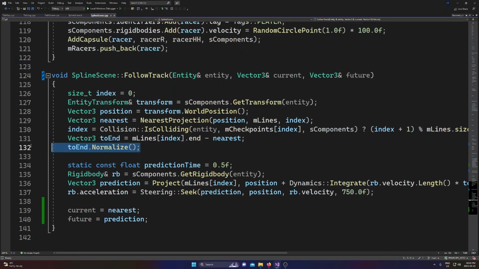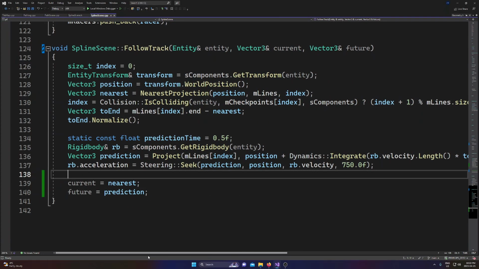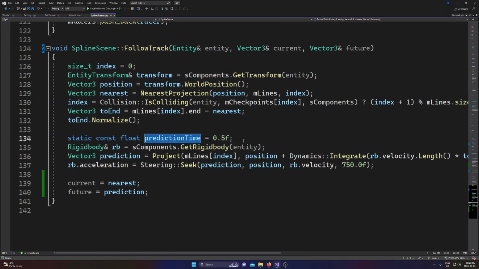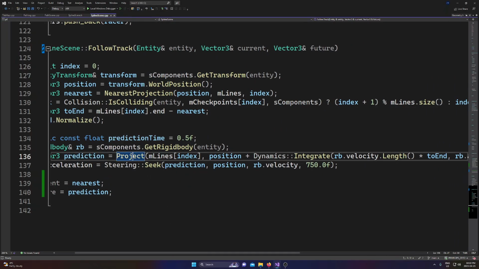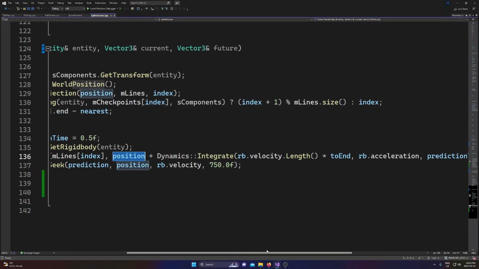So we do that, we get our desired direction as a unit vector, and then here's where our prediction comes in. So we predict our distance based on a constant time of half a second, and once we have our physics information, what we do is we project along our current line segment based on our position plus half a second in the future.